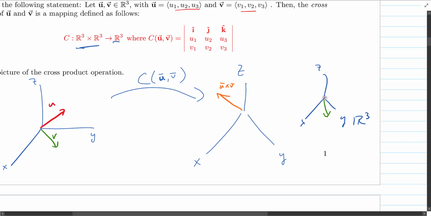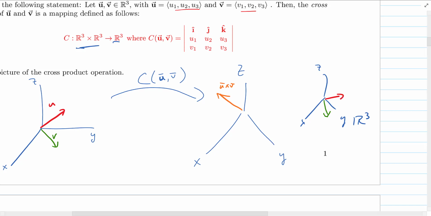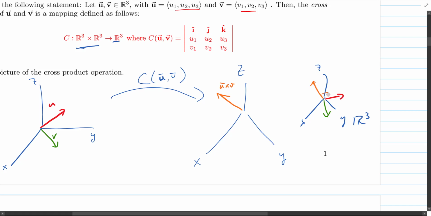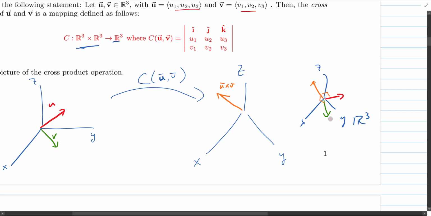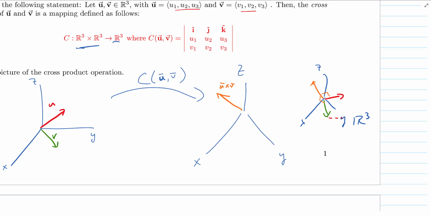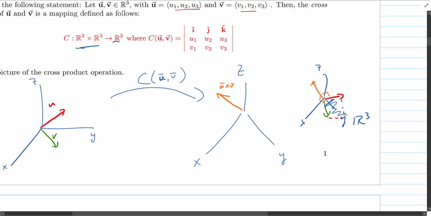Here we'd have v, and here we'd have u, and then we would simply represent the cross product as that vector that's orthogonal to both of those and heading in a direction that obeys the right-hand rule. And careful, what's the magnitude of that vector? Remember that the magnitude of that vector is obtained by finding the area of the parallelogram formed by those two. So that's going to form some sort of area there, and that area is equal to the magnitude of u cross v.